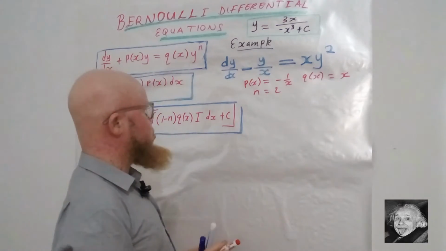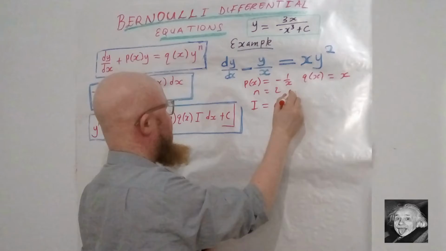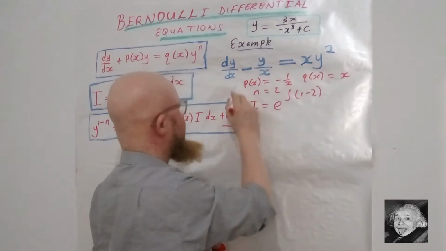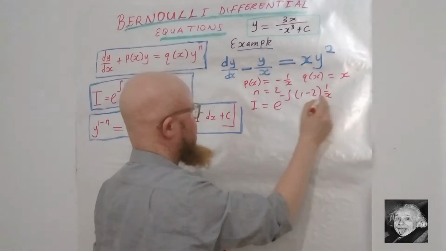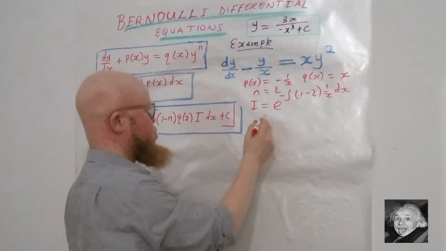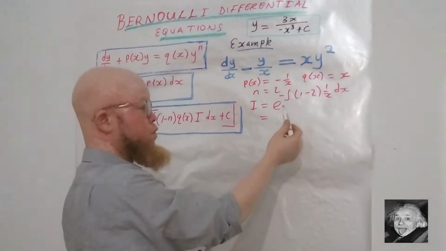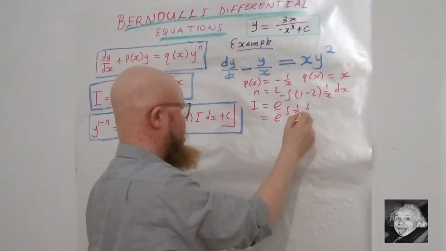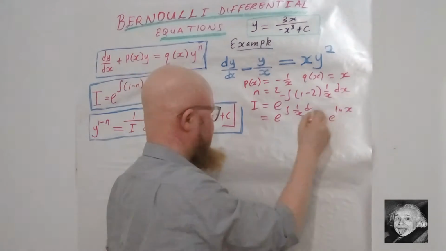My integration factor will be given by I is equal to e to the integral of (1 minus 2) times P of x dx. My P of x is minus 1 over x, so I can put the minus outside. Since minus 1 times minus 1 over x gives a positive, if I integrate 1 over x dx, I'll get e to the ln x.